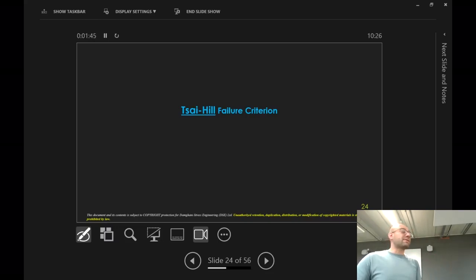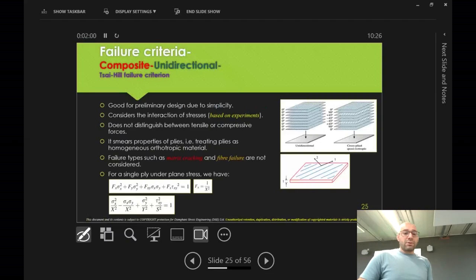It's used extensively. Even in the finite element software Abaqus, it's got Tsai-Hill formulated into it. So it's one of the widely used failure criteria. It's very simple and very good for initial design stages, based on the experiments.